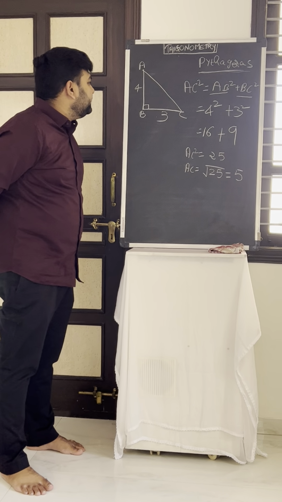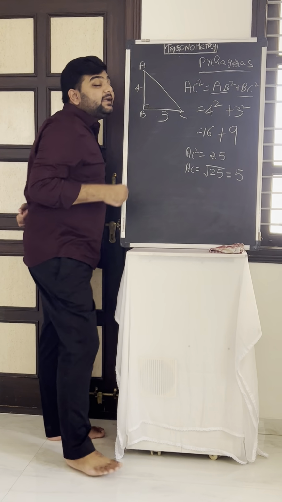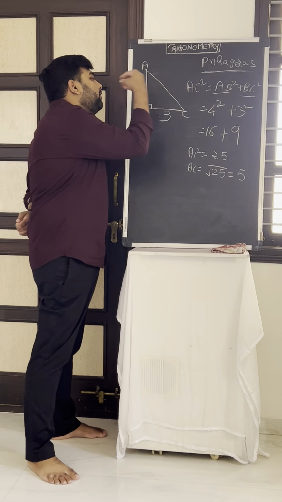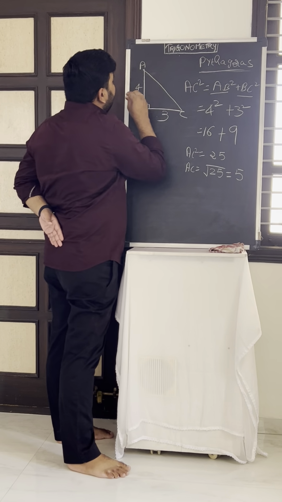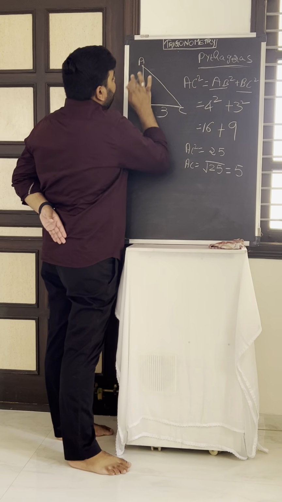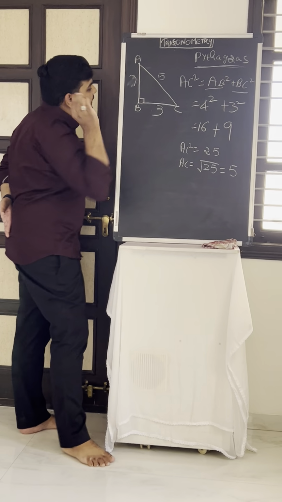So what have we done here? We have used the value of any two sides of the right angle triangle to find the value of the other side. Similarly, if I have the value of AC as 5, I will apply the Pythagoras theorem and find out the value of this side.